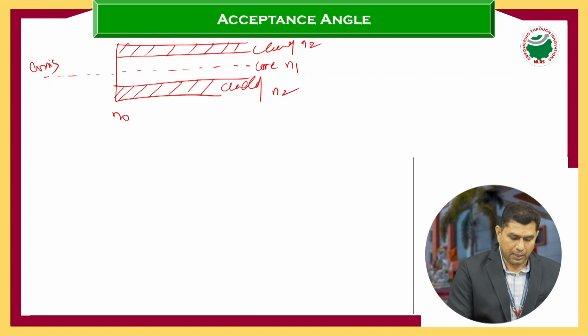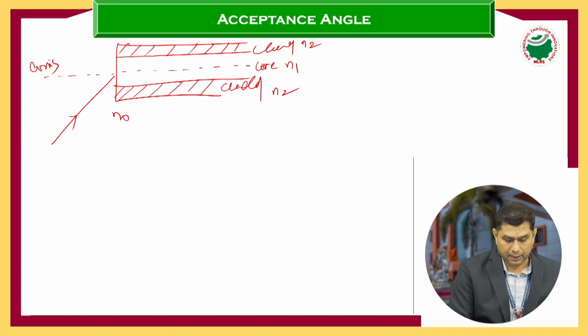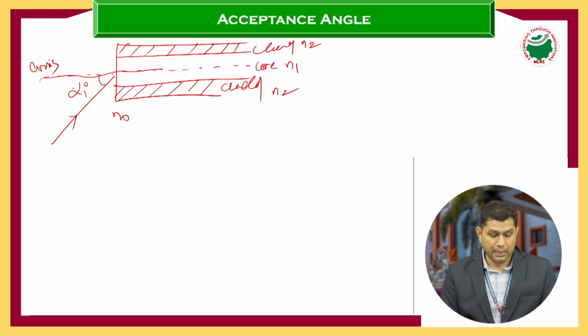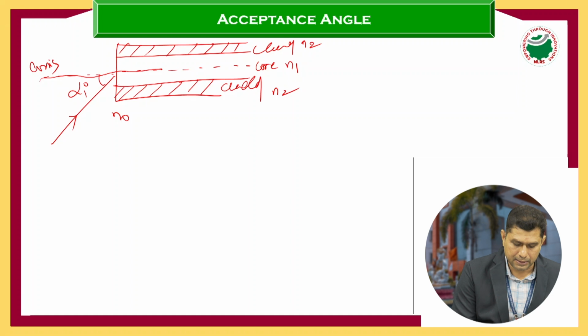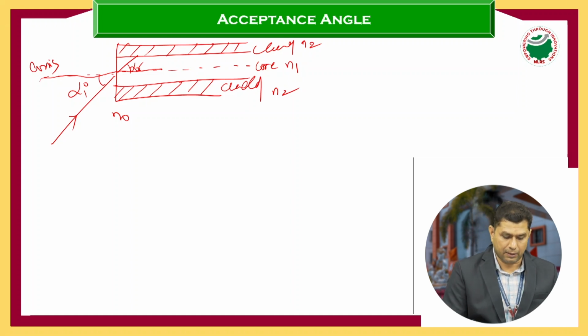Now see here, I am sending in a signal. This is called the incident ray. Here this acts as a normal. This particular angle of incidence I will take as the incident angle. The incident ray is refracted. Here the refracted ray angle is called alpha r.